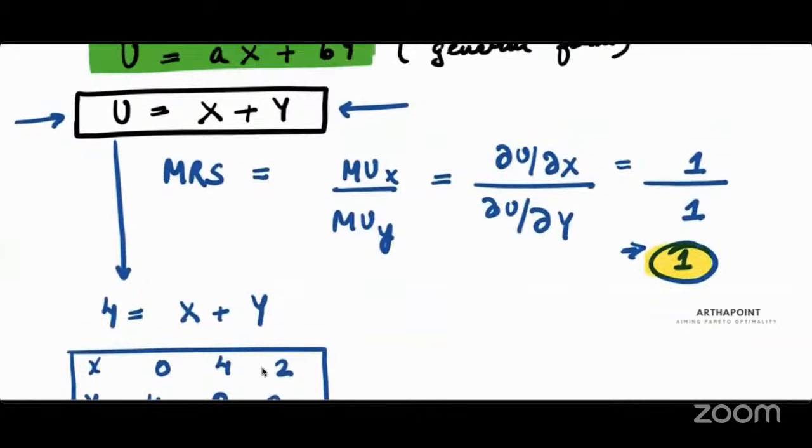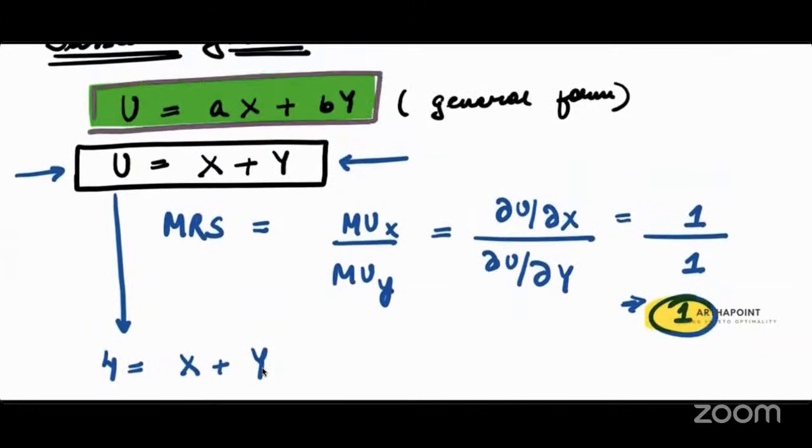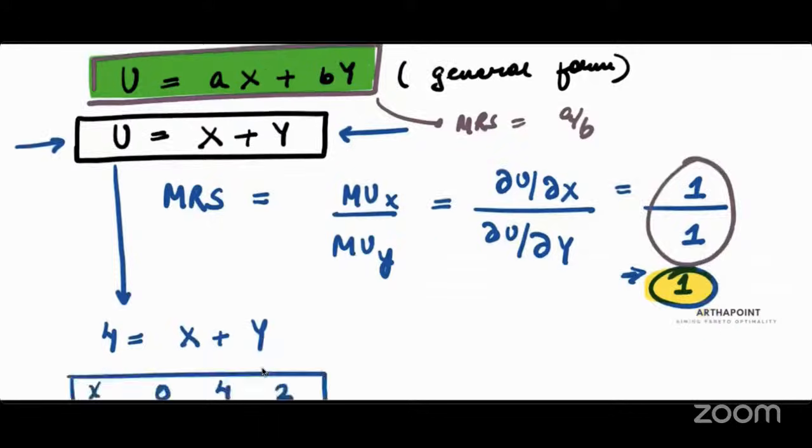This depends again: had my function been AX plus BY, then my MRS would have been A by B. Differentiate with respect to X upon differentiate with respect to Y. In this case, when I differentiated, I got 1 by 1, so the answer is 1.